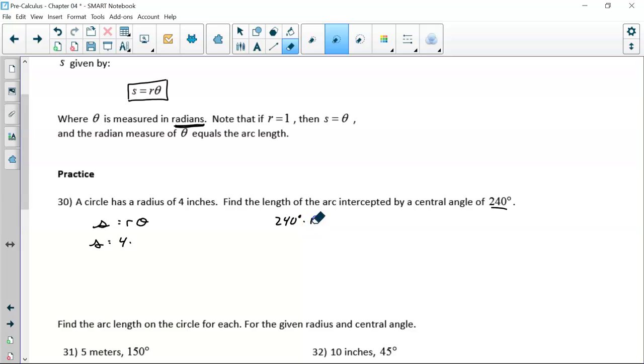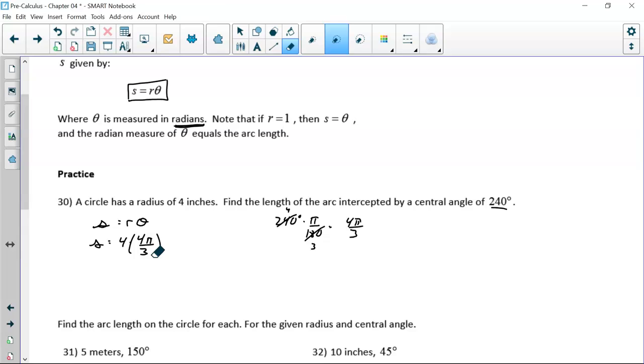So we're going to multiply by pi over 180. They're both divisible by 60. So you're going to get 3, and you're going to get a 4. So you're going to get 4 pi over 3. So that's your theta. Not 240 degrees, but 4 pi over 3 radians.